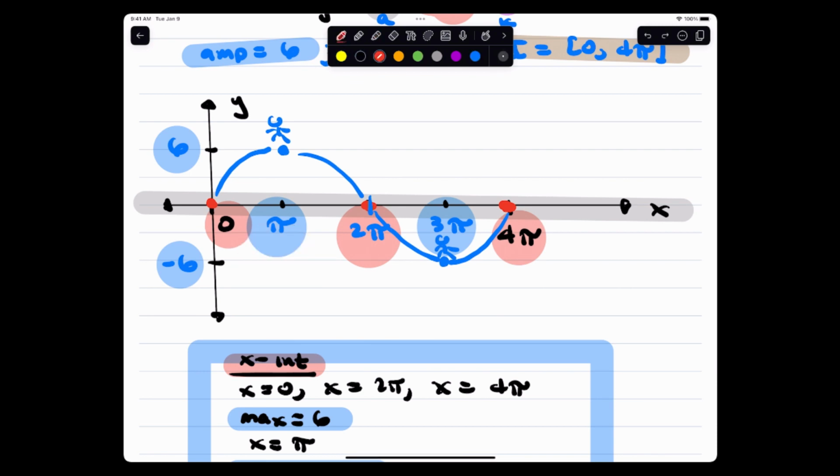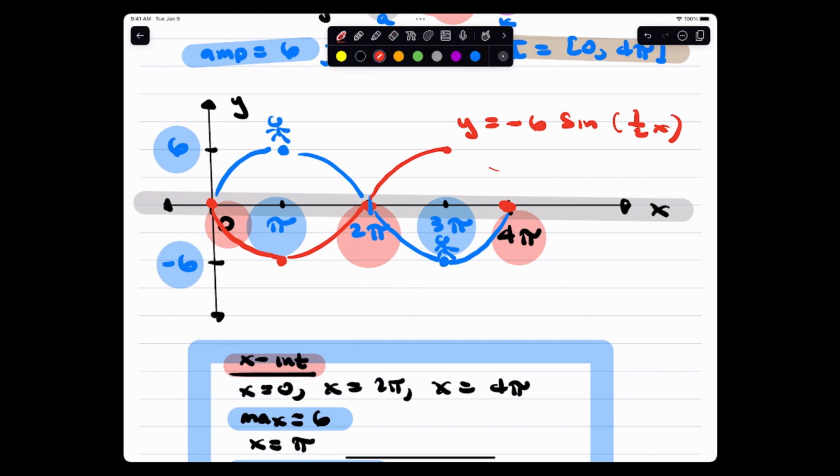What do I get down here? This is the negative curve. Okay, this is being reflected about the x-axis.